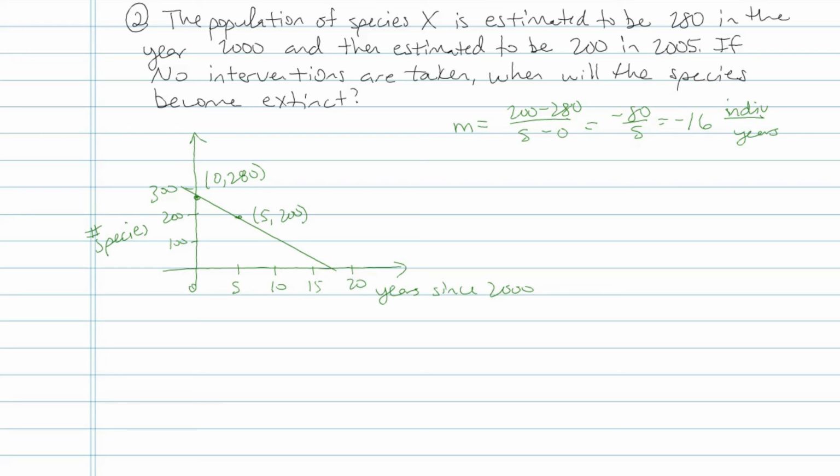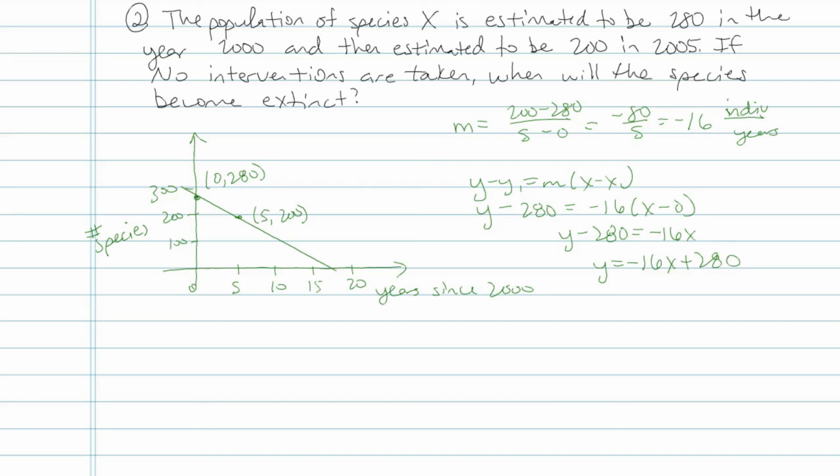My species population is declining by 16 individuals per year. Now we can use the point-slope form of the equation to find out our prediction. Y minus a y value, you can use either one. I'm going to use 0, 280 because I always think 0 is a little bit easier to work with. X minus my x value, simplifying. Y minus 280 is equal to negative 16x, and then minus 0. Then to get y all by itself, I would add 280 to both sides.